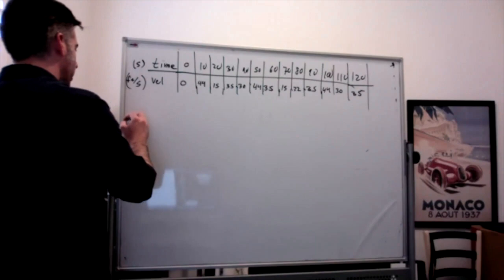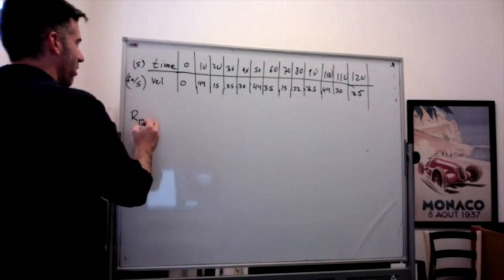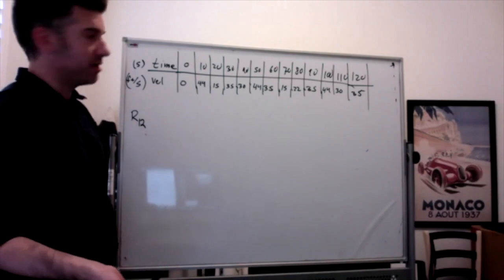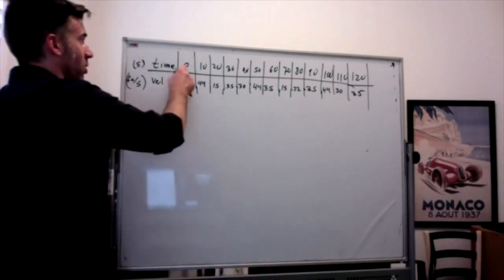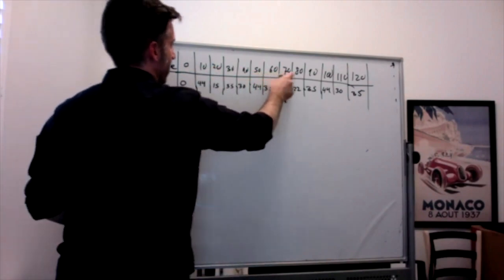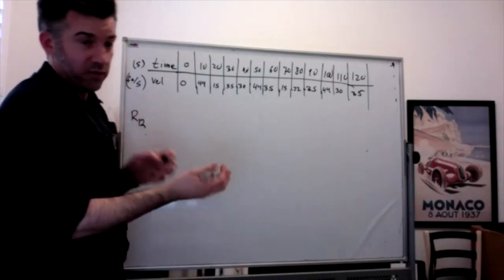Using right endpoints, I'm going to say this is R12, because there are 12 pieces. There are 13 data points, but that means we have 12 subintervals.